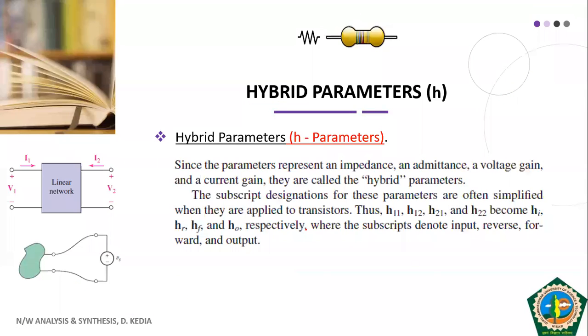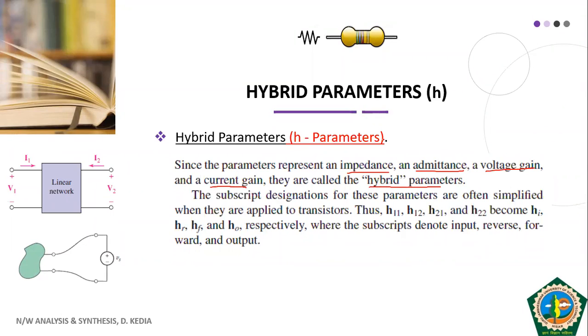As I told you, these H parameters represent an impedance, admittance, voltage gain, current gain. That's why they are called hybrid parameters.